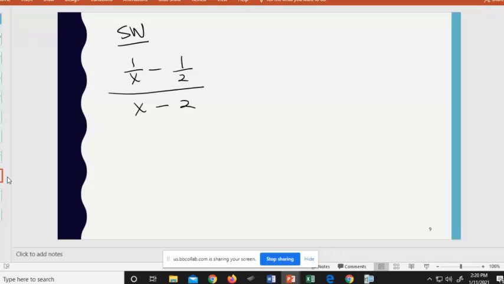But I think it would still be 1 over x minus 2 when you did that. Let's see. So you would say 1 over x minus 1/2. Okay, so that's keeping it, right? Changing the division to multiplication, so times, I'm going to put parentheses here, the reciprocal of this. So 1 over x minus 2.